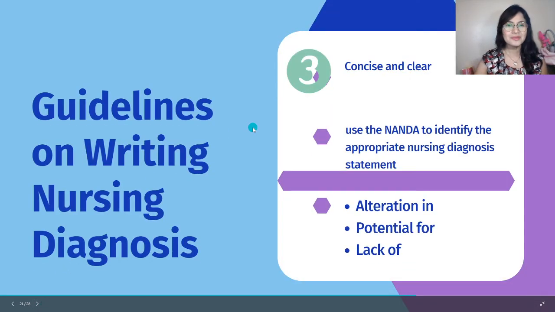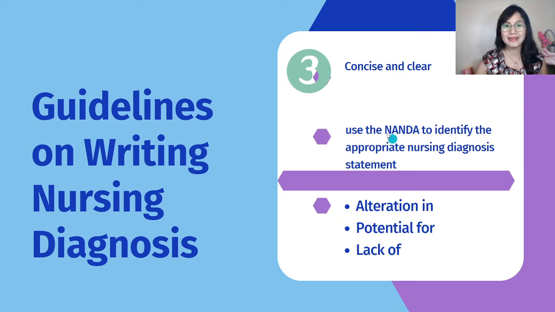In writing the nursing diagnosis, make sure that it is concise and clear. Clarity and conciseness facilitate communication among peers and health team members. Remember that nurses endorse the health condition of the patients.